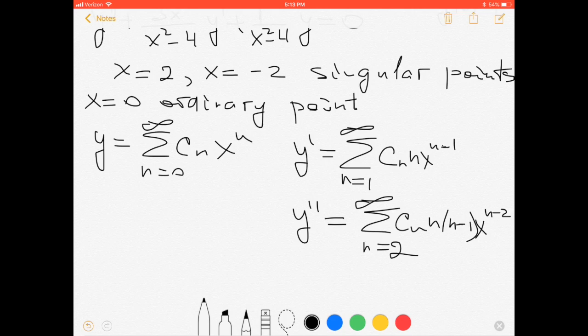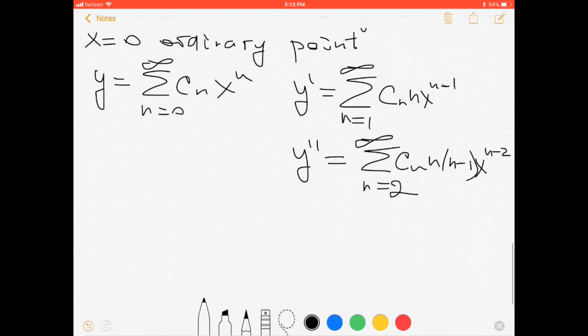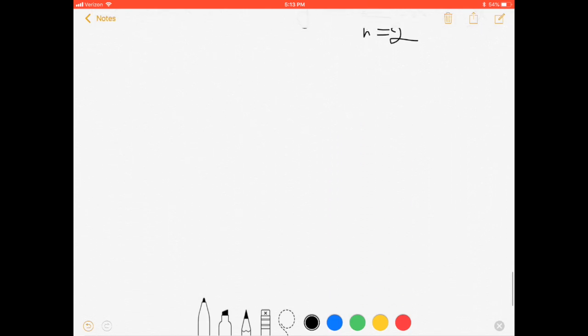Use all these facts, plug into my equation and distribute. Here I need the second derivative multiplied by x squared, and this gives me a series where n starts with 2, with c_n n (n minus 1) x to the power n.